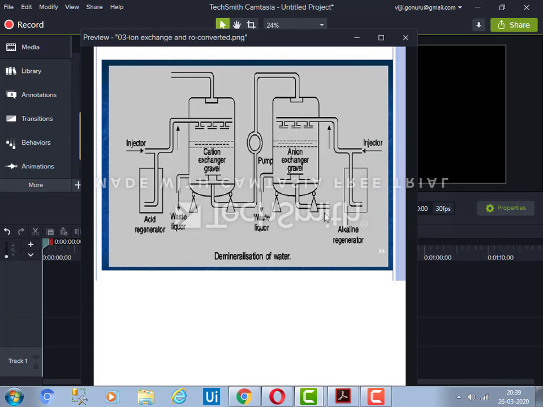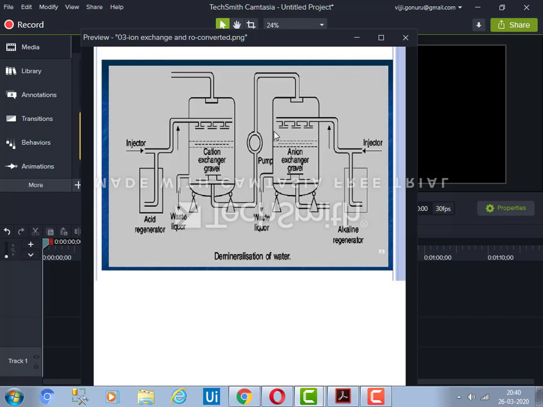Now after some time these resins will be exhausted. Exhausting means the H+ ions in the resin are completely replaced with calcium +2 and magnesium +2. Likewise, the OH minus ions in the resin are completely replaced with anions in the water sample.